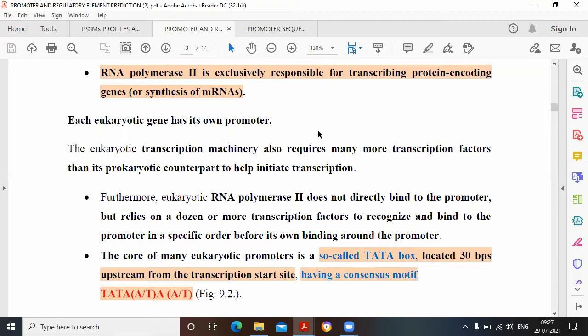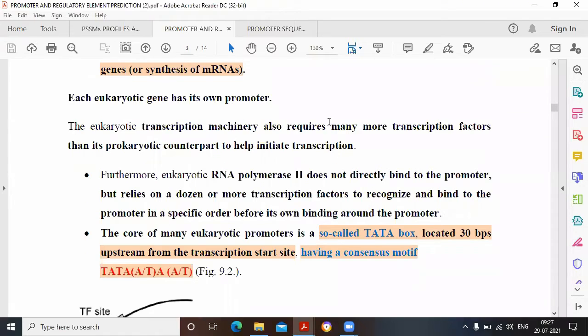But if we come to the eukaryotic system, it has n number of genes, and n number of genes have n number of related promoter sequences, and the promoter is going to control the gene function. So we need to understand this with respect to all kinds of genes.